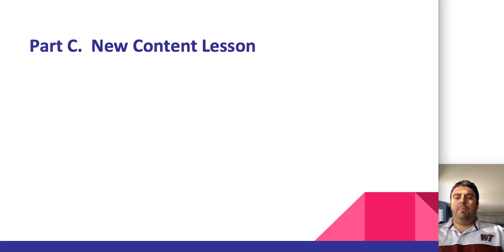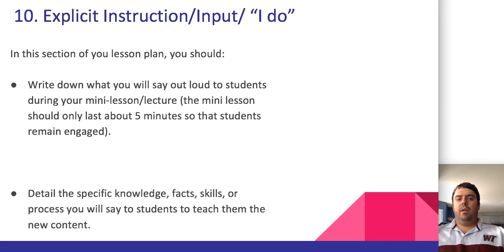Now we're going to get into part C, the new content lesson. So now you're starting to begin and plan out what are going to be the new pieces of information you teach to students they haven't seen before. So first of all, you need to begin your new content lesson with explicit instruction. Another term could be input or I do.